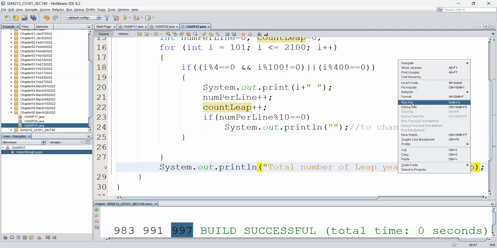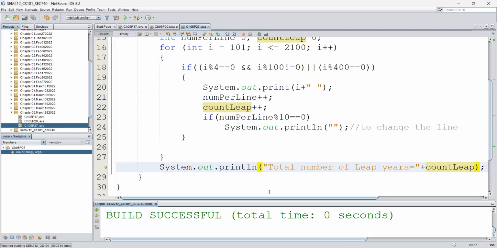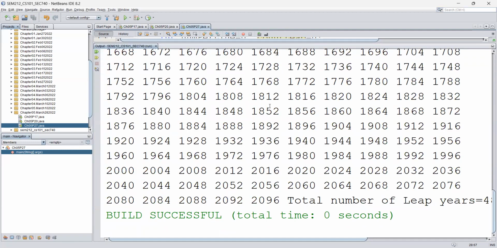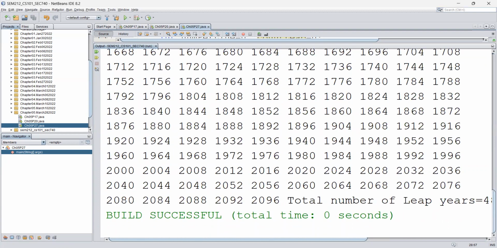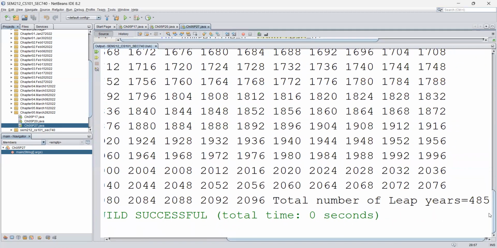Let's run the program and see the result. Look here, these are the leap years: 4, 8, 12, 16, 20, 24, 28, like this. And the total number of leap years is 485.